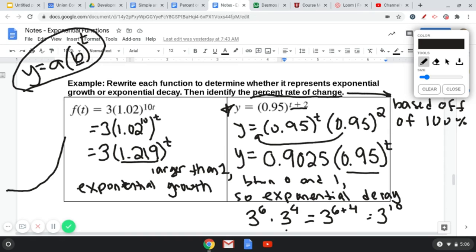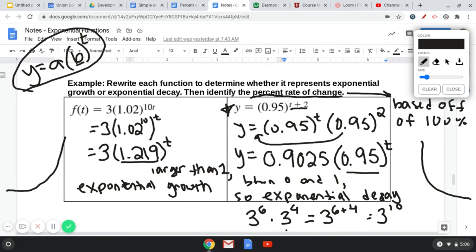All right, so you see this just takes some flexibility with our exponent rules to be able to manipulate these formulas to get them to look the way that is familiar to us so that we can identify growth or decay. And remember that decay will look like this if you were to graph this.